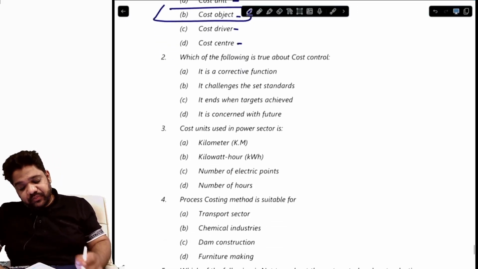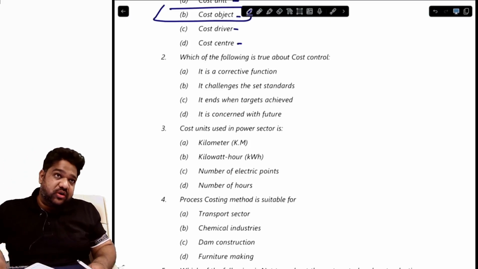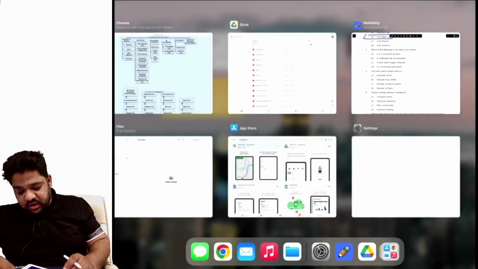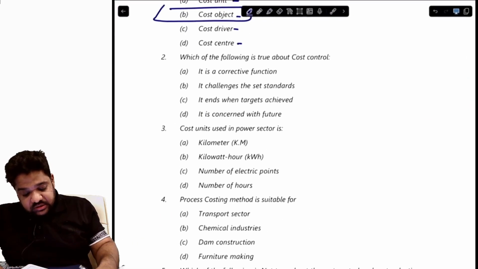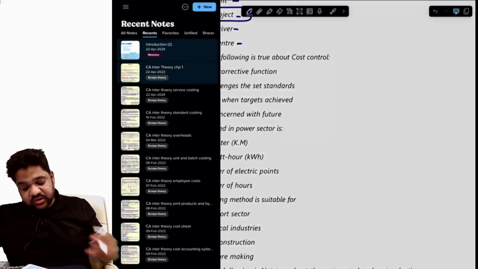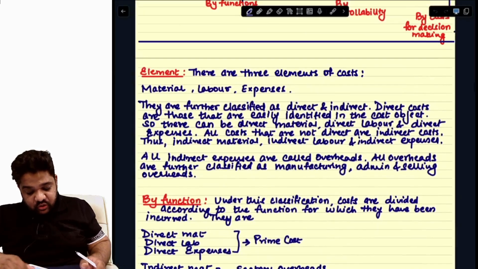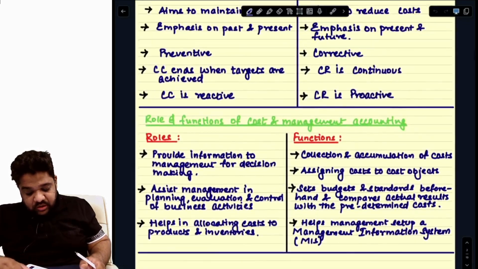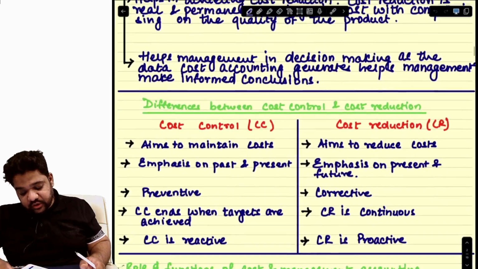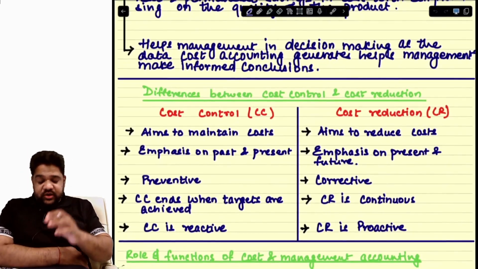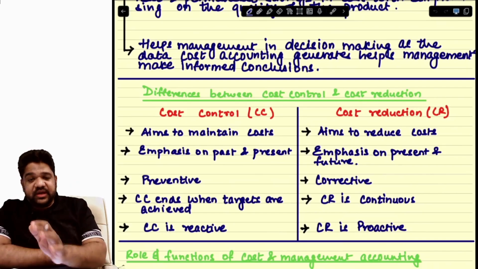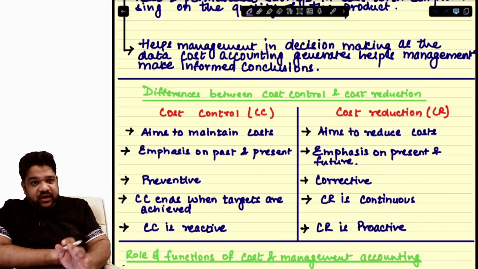Now, the second one: which of the following is true about cost control? I'm sure you have read the notes, but I'll quickly show you cost control and cost reduction. That's a very good theory to have. So, what is cost control? It is where you make sure that whatever you had planned, you keep under check.